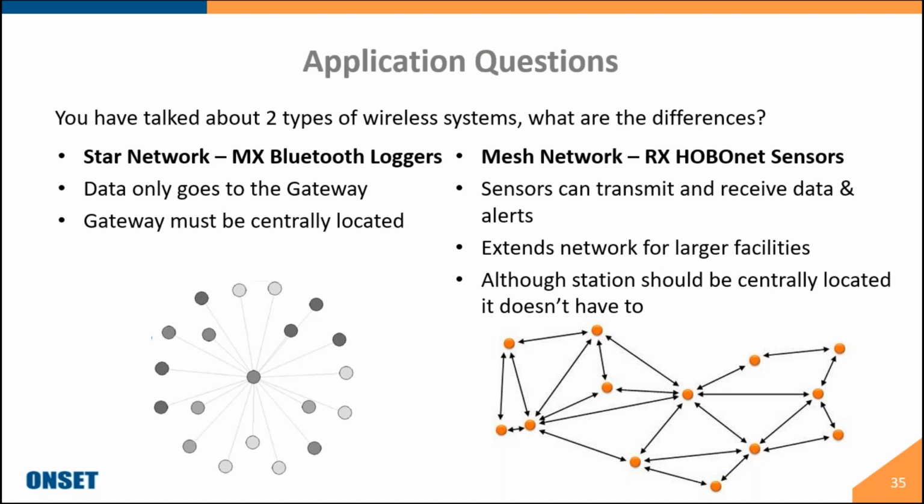This becomes ideal for larger facilities such as larger warehouses or multi-floor buildings, or again, really outdoor agricultural settings where you're trying to monitor large fields. While the station should be centrally located, it doesn't necessarily have to. And again, that's because the sensors will also act as repeaters as well.